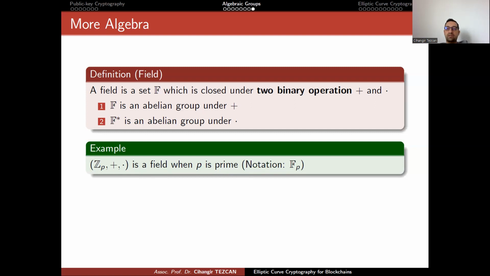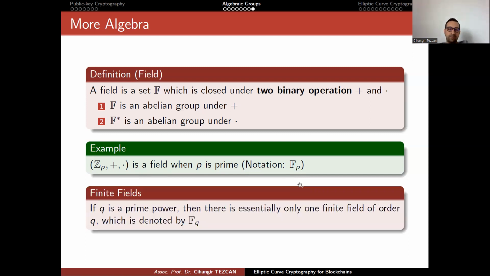Electrical engineers generally call this GF(p), which is short for Galois field p, which is the same thing as this one. So these are actually the only fields you can get: you can either have a field with Z_p with p prime, so prime many elements, or a power of it.